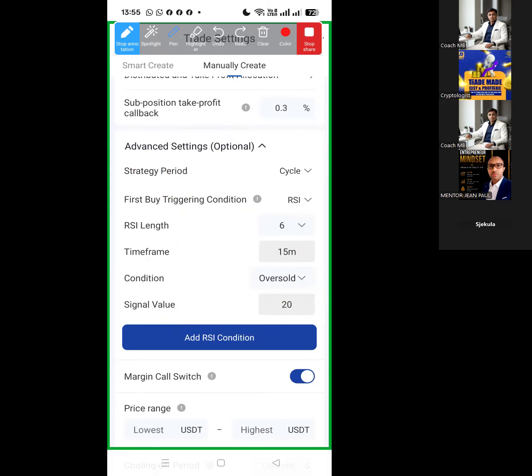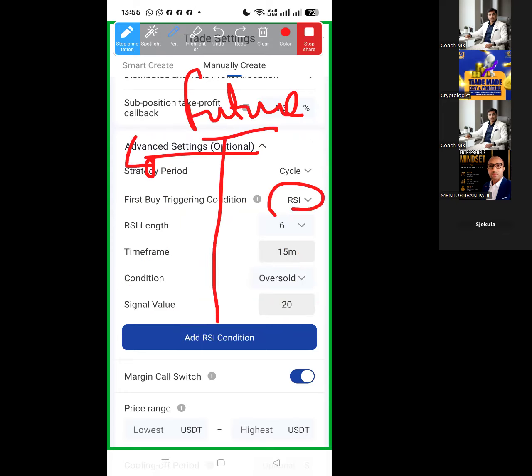So what we see here, we are in the spot market. So you will always see an oversold condition here. But when you are trading on a futures market, you can still use this advanced setting, and you can still use this RSI function. If you are in the futures market, if you open a long trade, you will see this same oversold condition here.